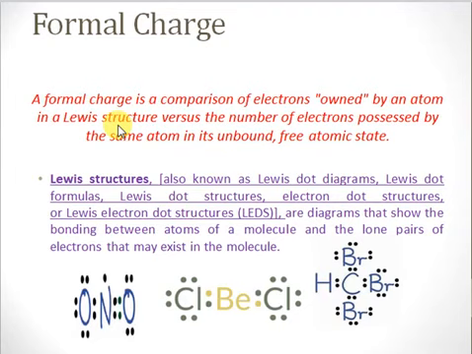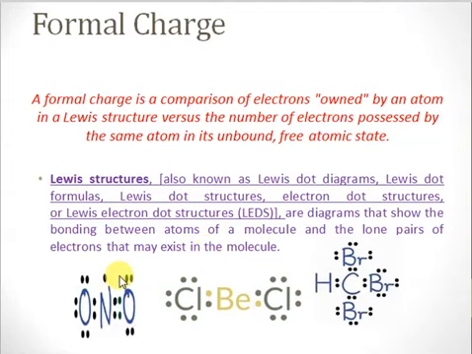It is also known as Lewis dot diagrams, Lewis dot formula, Lewis dot structure, electron dot structure, Lewis electron dot structures, and some people simply write it as LEDS. These are diagrams that show the bonding between atoms of a molecule, and they also show the presence of lone electrons if they exist.